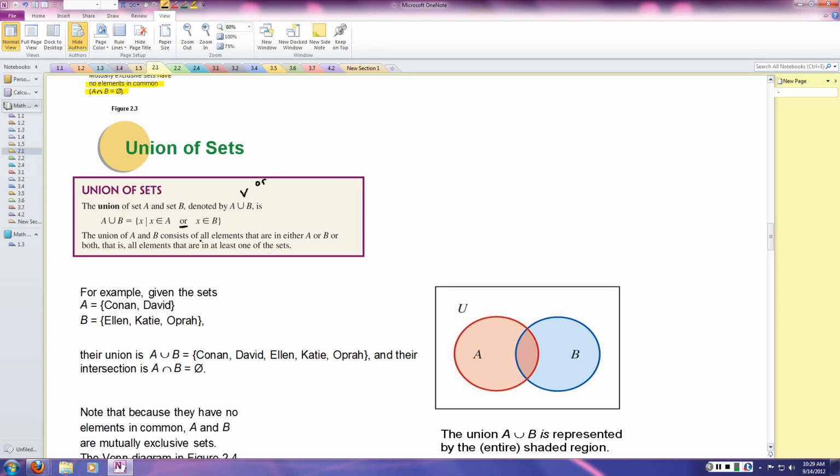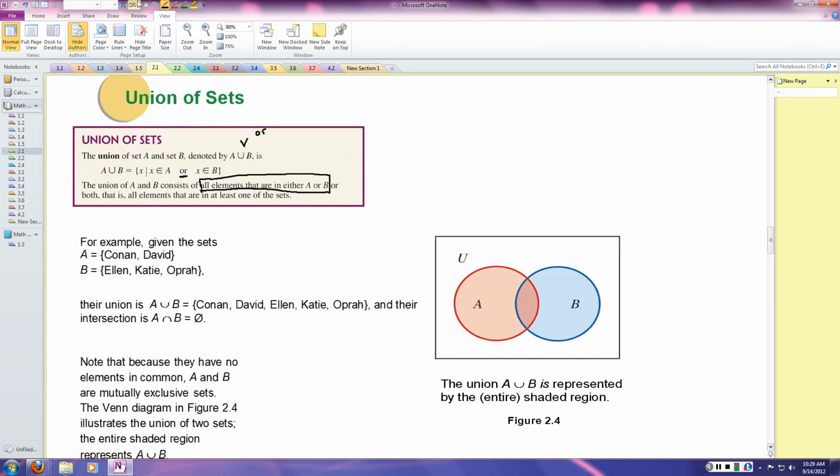So it's all the elements that are in either A or B. The representation of the union, and I always like to remember, union starts with U. So I have A, U, B, that's the union, and that's going to be everything in A, including everything in B. So it's this whole area.